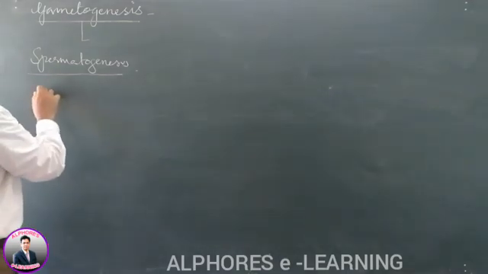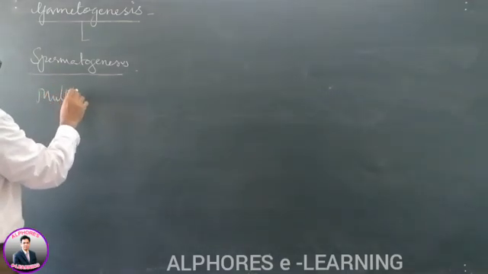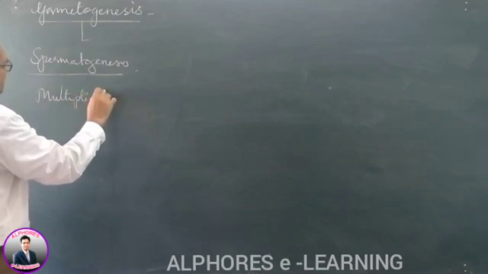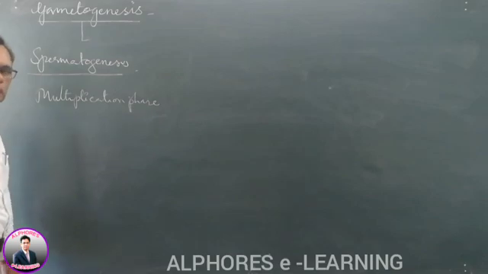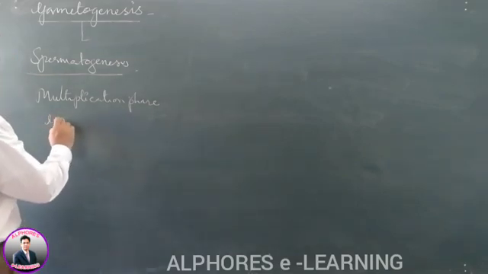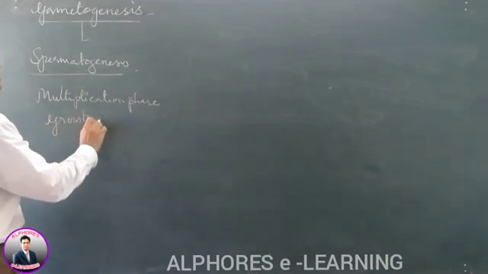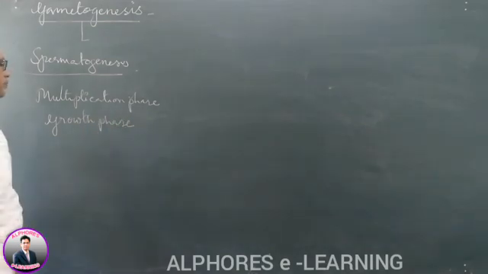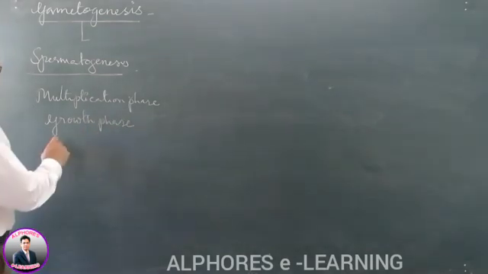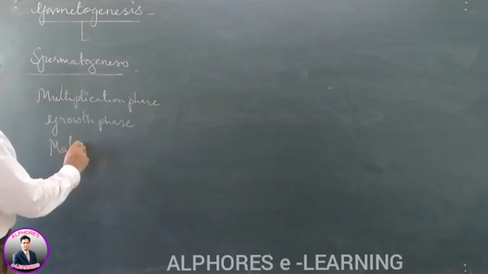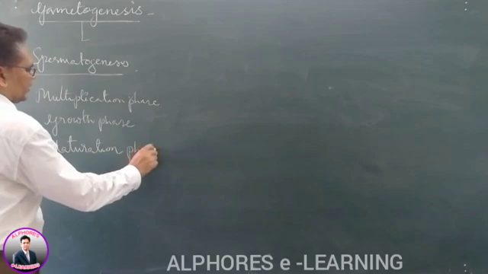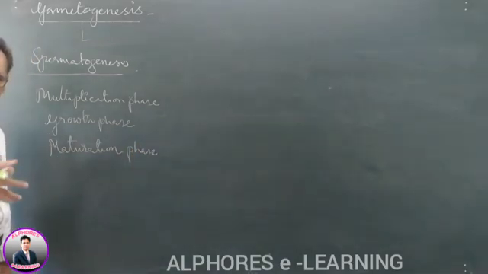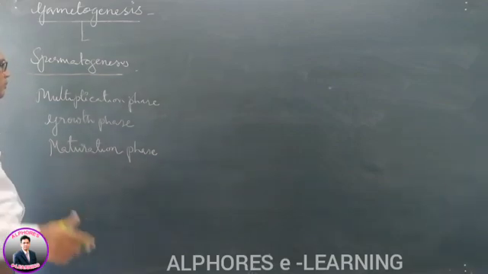First the multiplication phase, then the growth phase, then the maturation phase. These are the three phases through which the spermatozoa are formed.